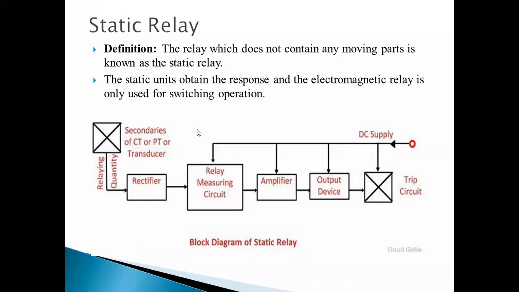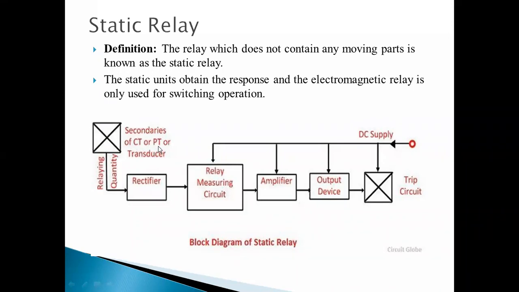Now here you can see the block diagram of this static relay. Different parts are there. Secondaries of CT or PT or transducer are taken here. Then rectifier unit, relay, measuring circuit are there. We'll see one by one. First, shown here are the secondaries of CT or PT.